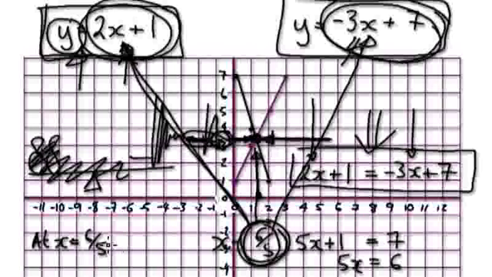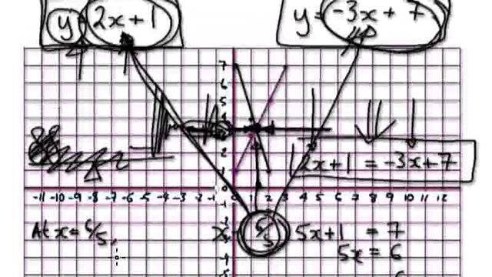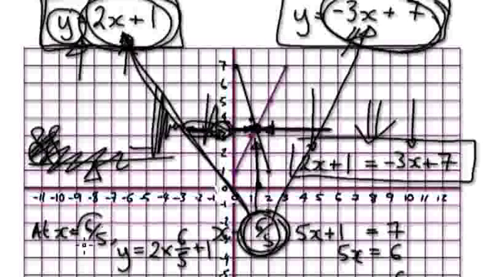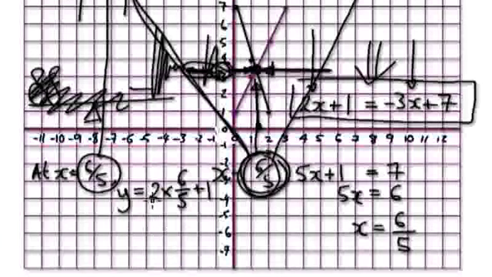So let's try and work it out. At x equals 6 over 5, y equals 2 times 6 over 5 plus 1, because I'm just putting this into here. Now this 2 times a fraction gets multiplied to the top, so it will be 12 over 5 plus 1.